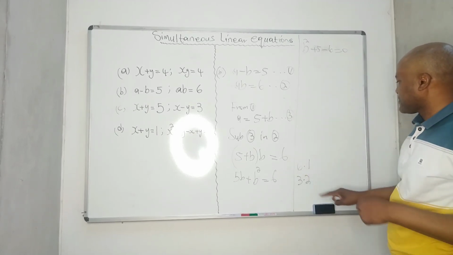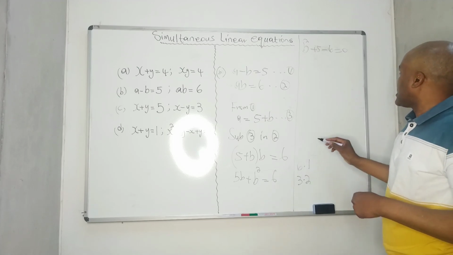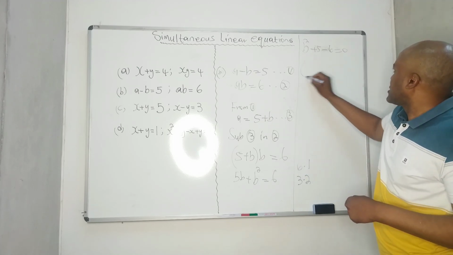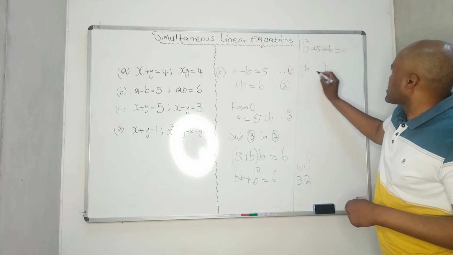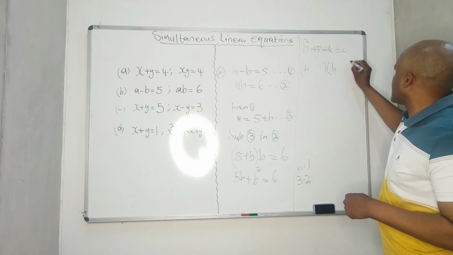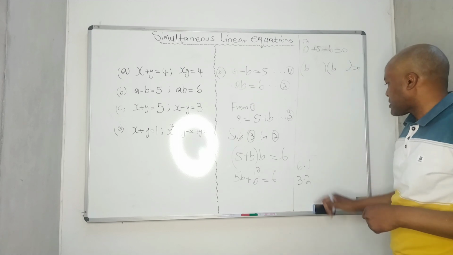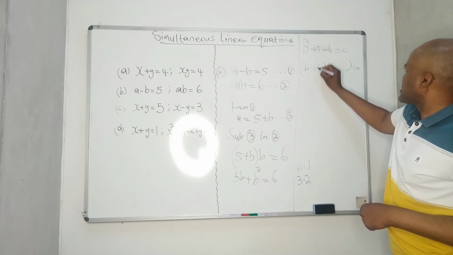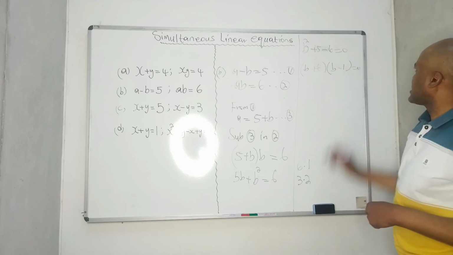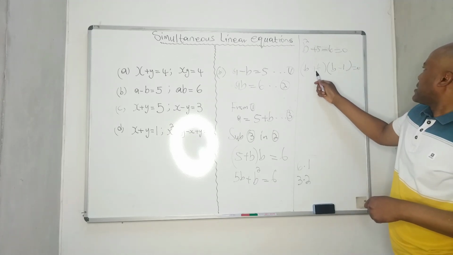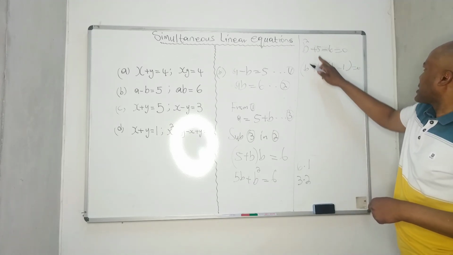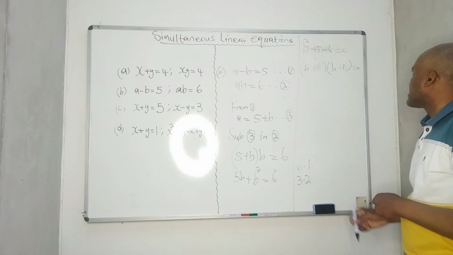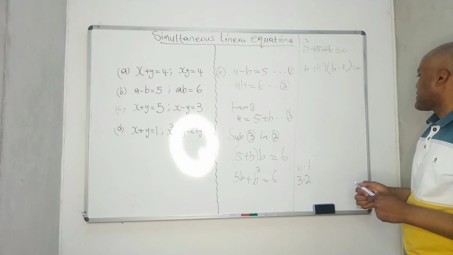Right, let's check. 6 and 1. Factors of b squared are b and b, right? Equals to 0. If I put positive 6 and negative 1 here, let's see. Adding this, I get positive 5. Multiplying this, I get negative 6. Those are the correct factors.